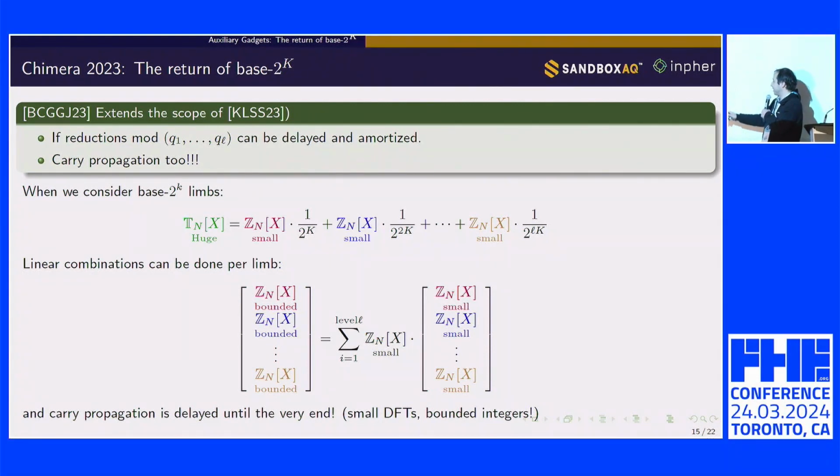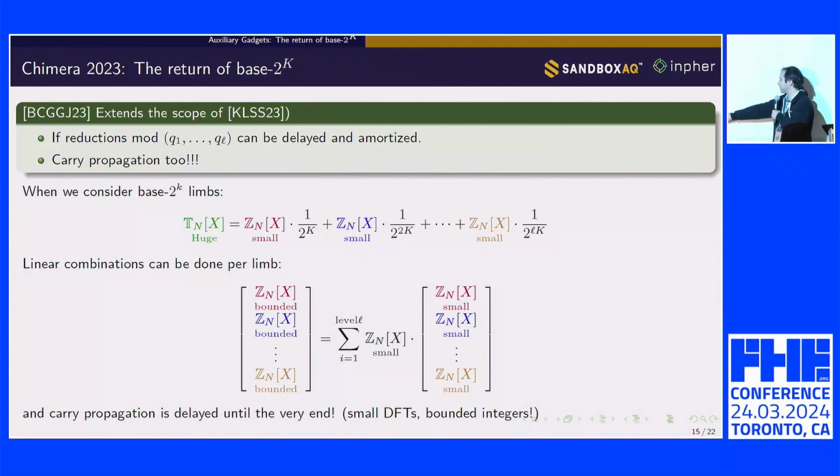And when we try to evaluate an external product, we have the same kind of linear combination to evaluate. So the idea is that we can temporarily forget about the carry propagation and do this. Well, we have multiple things of that, so that would be a vector matrix multiplication.